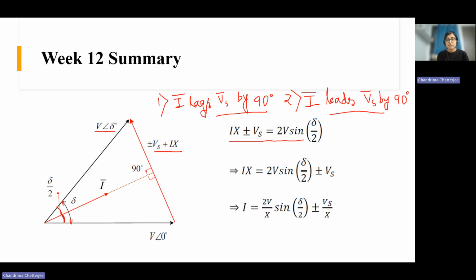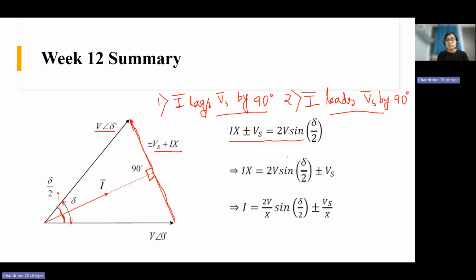Because this angle is 90 degrees and this angle is also 90 degrees. So this part, from here to here and from here to here, they are equal. So this is equal to 2V sine delta by 2.